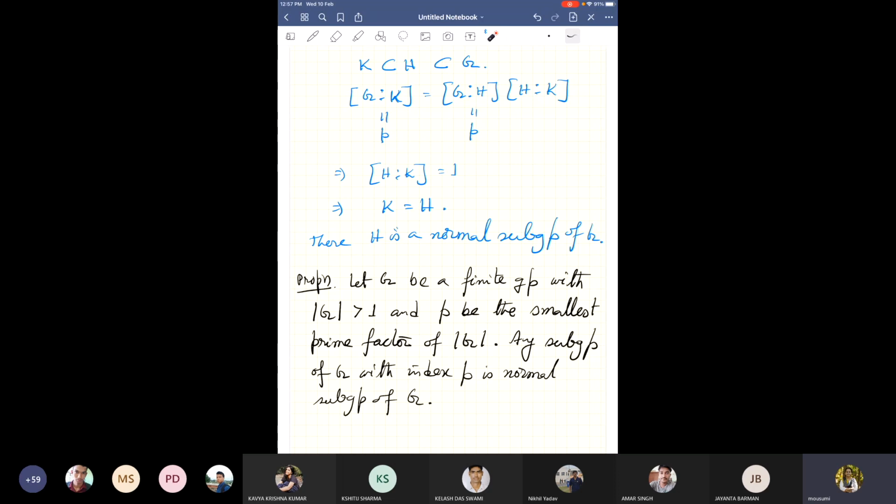In some sense, it is the generalization of the previous theorem from P groups to any other groups with a restriction on the prime. And you can also see it is a generalization of the fact we have proved that any subgroup of index 2 was in fact a normal subgroup. But here P is the smallest prime divisor of the order of G.